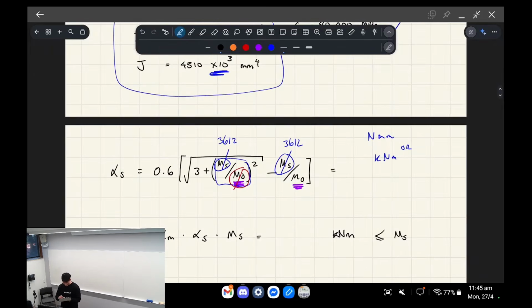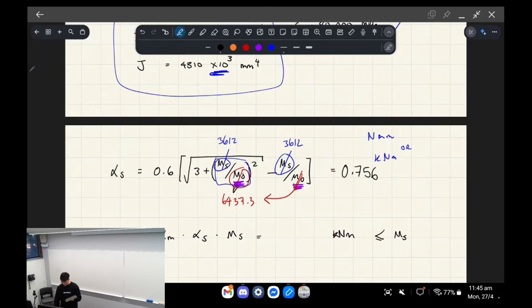All right, so now we just replace these numbers. We get 6,437.33, same thing with this number. Doing all that, you get that alpha s, our slenderness reduction factor, is 0.756.